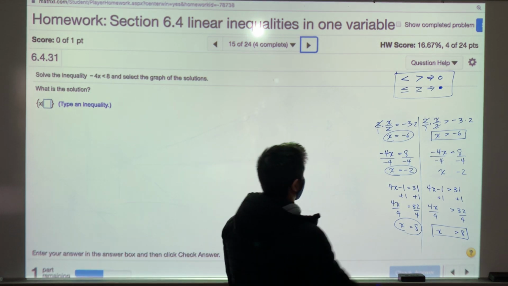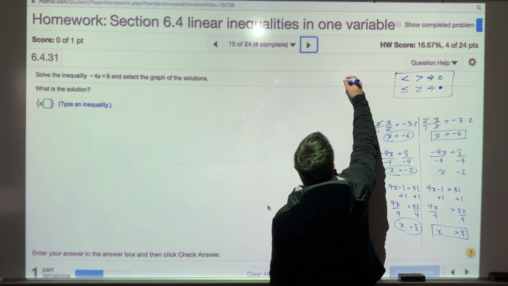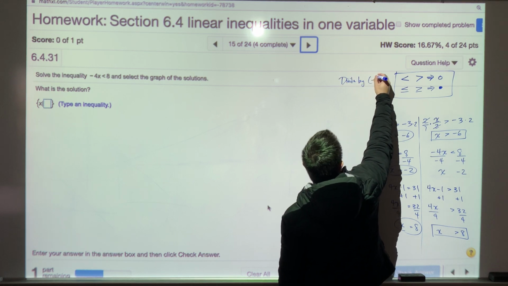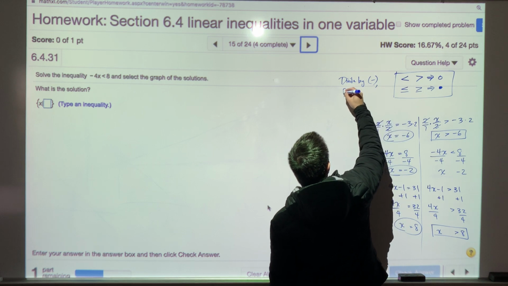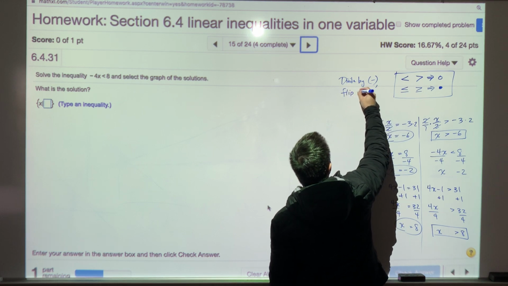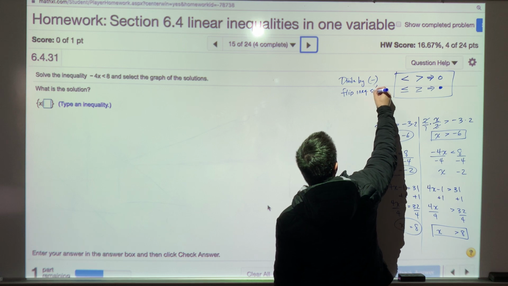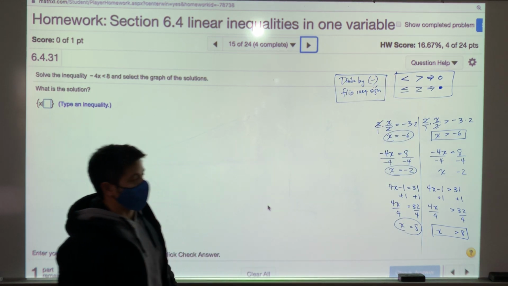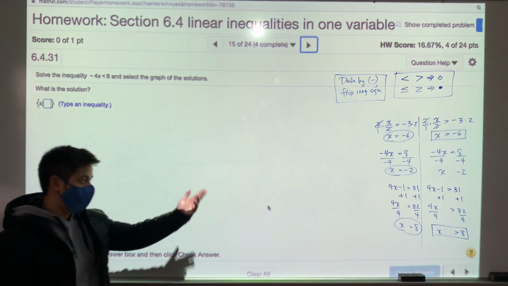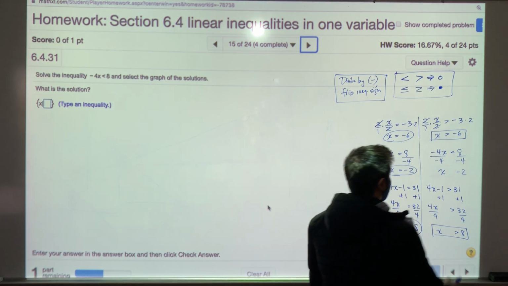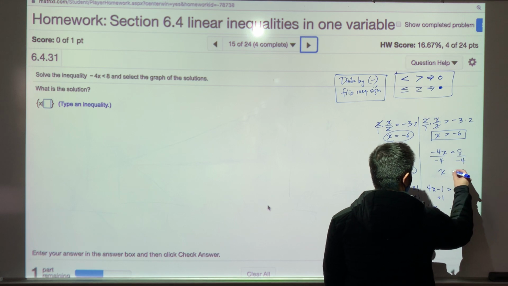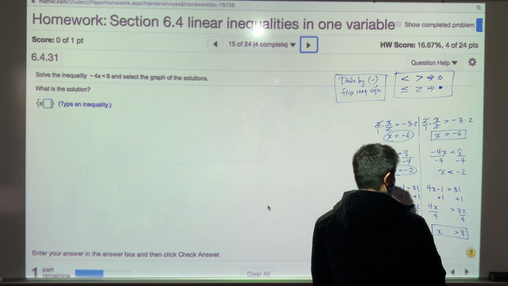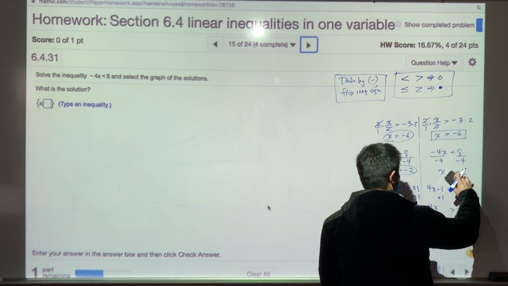And I'm going to put this rule right up here. If you happen to divide by a negative, you must flip the inequality sign. And that is the third area that we have to discuss. And that's what we've seen here. So if you just carry your sign down, like we had done in the previous several problems, it would be wrong.